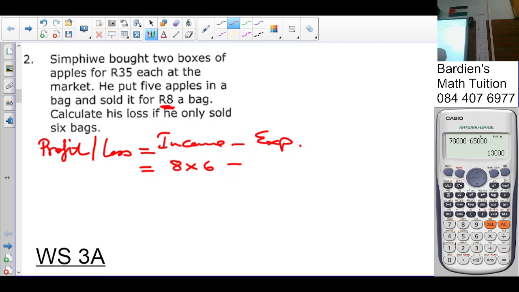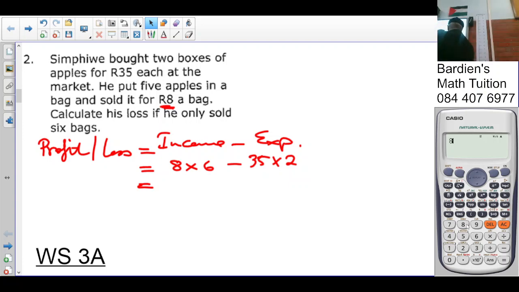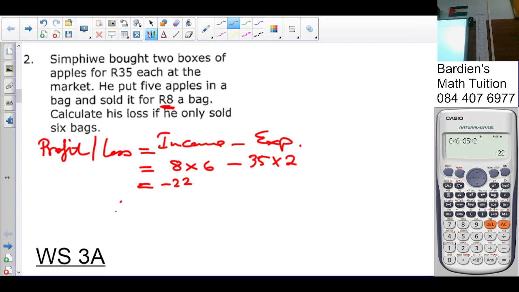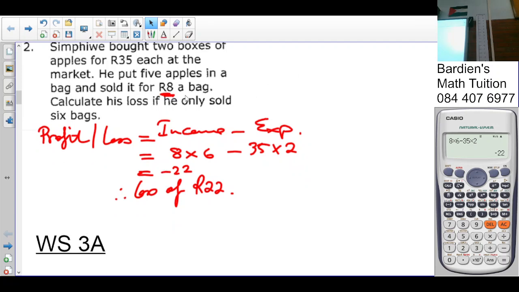How much did he spend on all the apples? 35 Rand times 2, which is 70 Rand. So you can say 48 minus 70, or 8 times 6 minus 35 times 2, gives you negative 22 Rand. So what can we say therefore? You might say loss of 22 Rand.